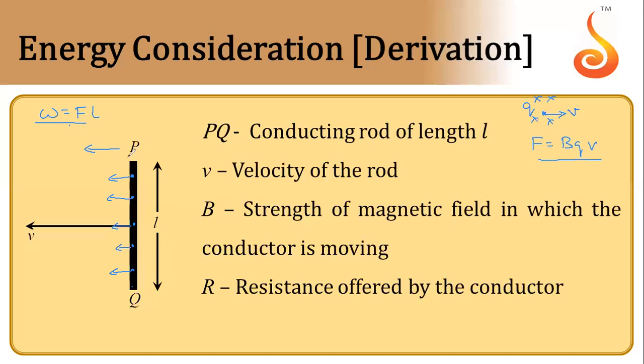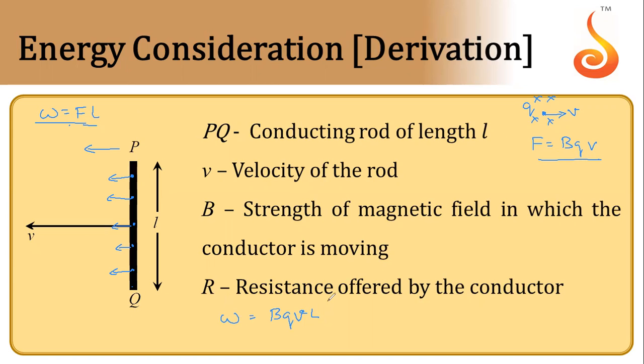So work done in moving the charge from one end of the conductor to another end will be F into L, and we know the force will be Bqv. So in place of force, you will put Bqv into L. So that will be the work done.